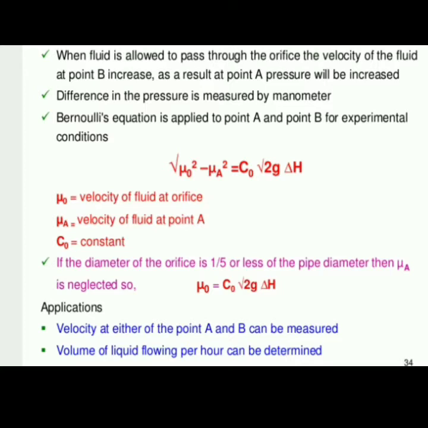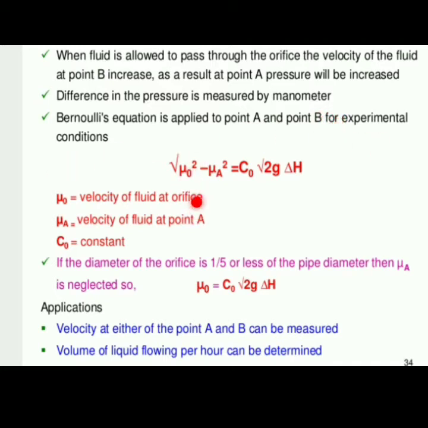So Bernoulli's equation provides the basis for correlating the increasing velocity head with the decreasing pressure head. So the difference in pressure, that is delta H meters, may be read from the manometers which are connected to point A and point B, as shown in the figure. Then Bernoulli's equation is applied to point A and point B for experimental conditions.